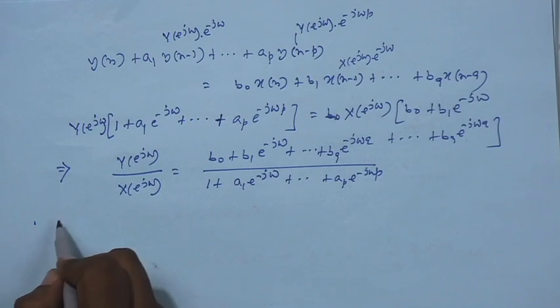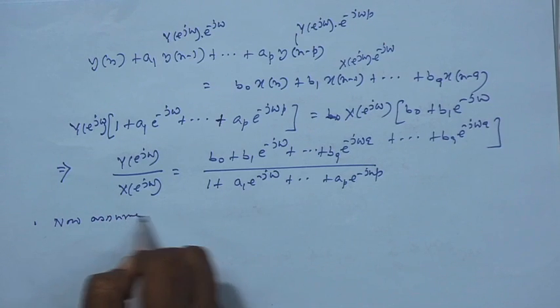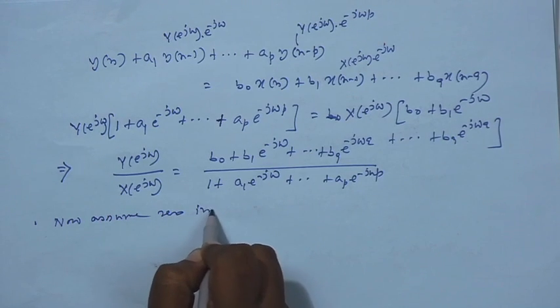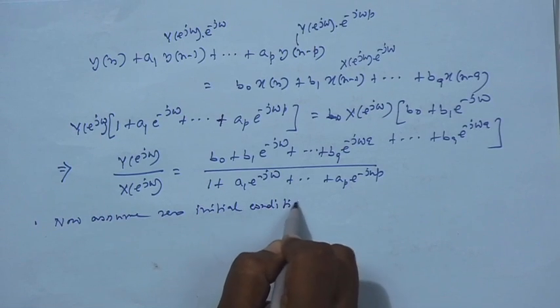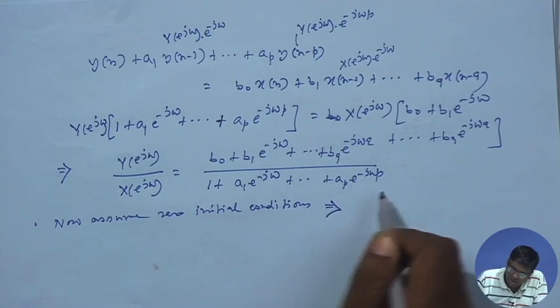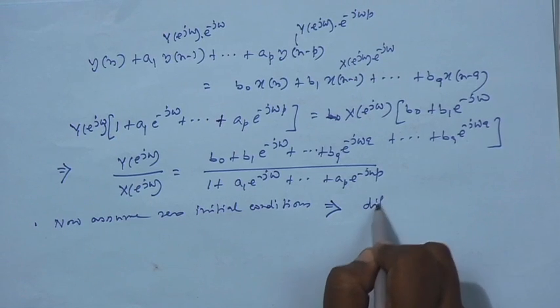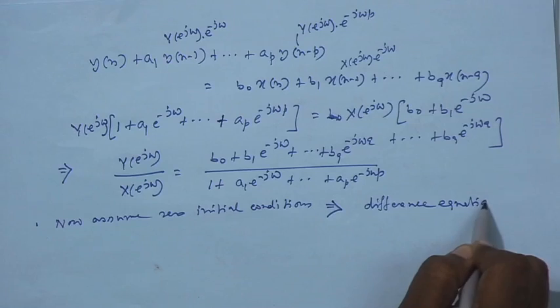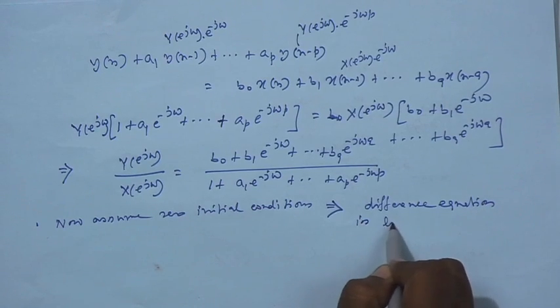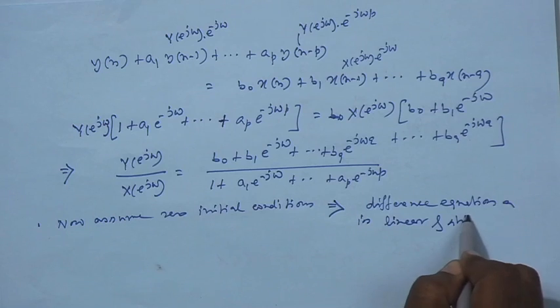Now, I assume 0 initial conditions, meaning the difference equation is a linear and shift invariant system.